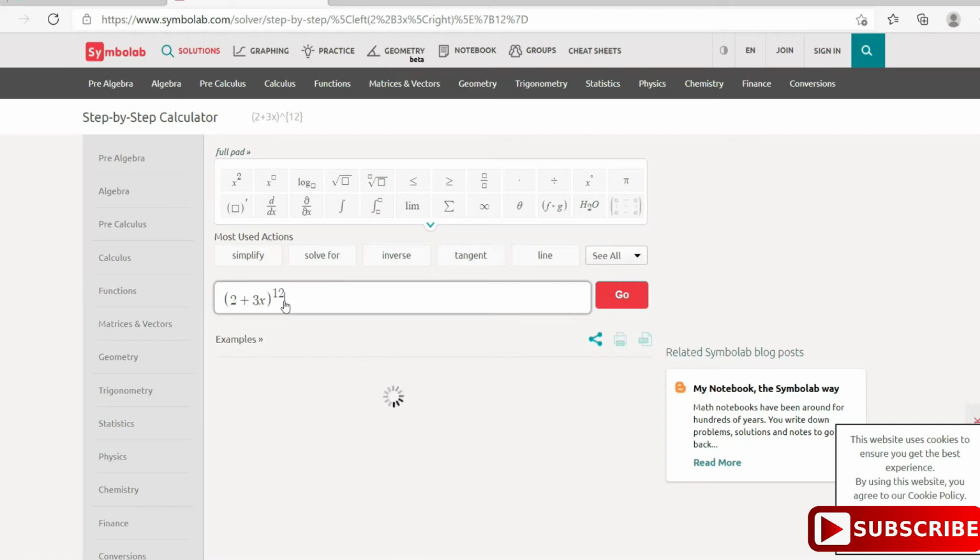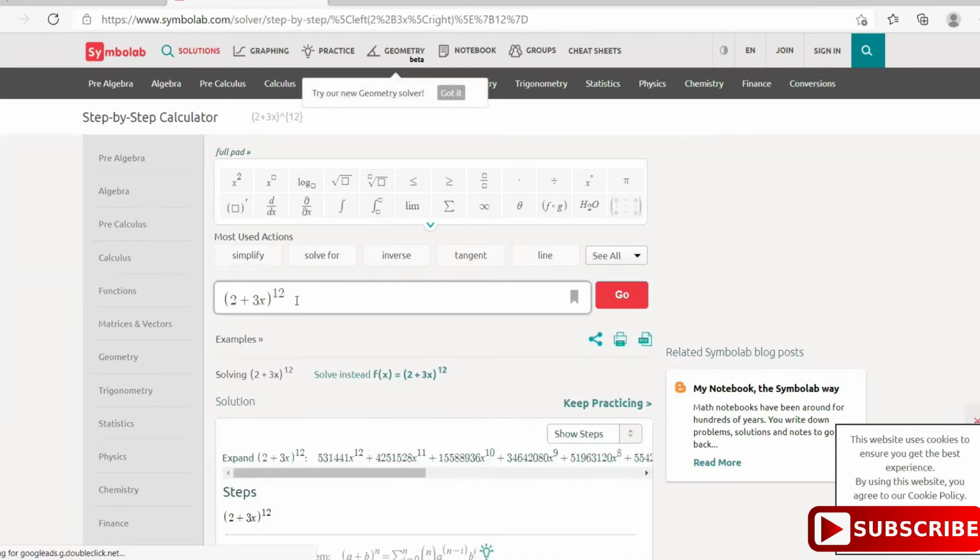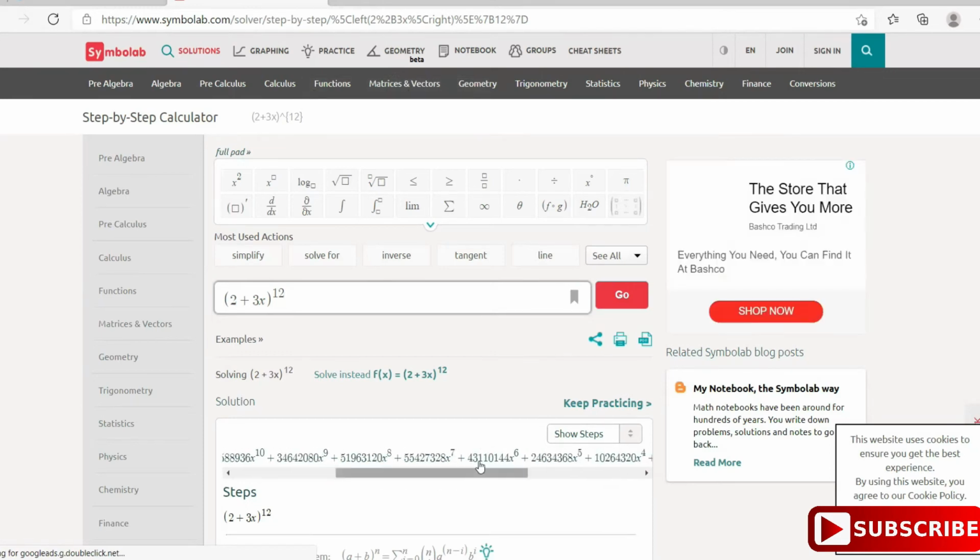Yeah, it's a huge number actually. So here it is. This is our sixth term.